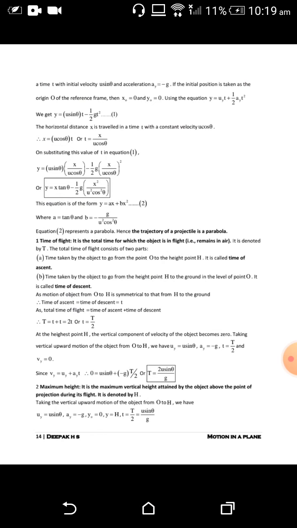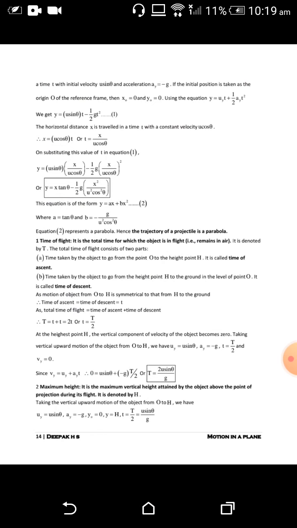As you know, from the initial point when you throw an object to before it strikes the ground, that duration, where the object remains in air, is called the total time of flight.